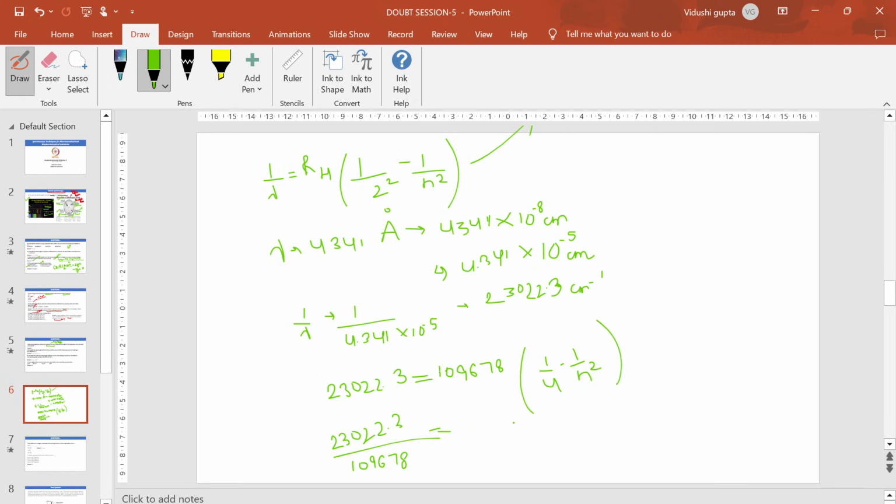That will be 0.25 minus 1 upon n square. So this value will be 0.2099.